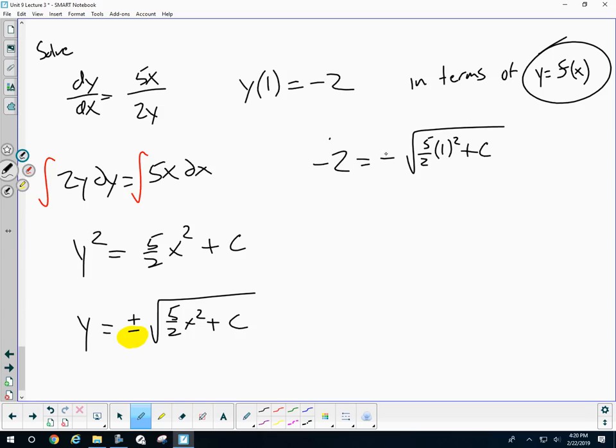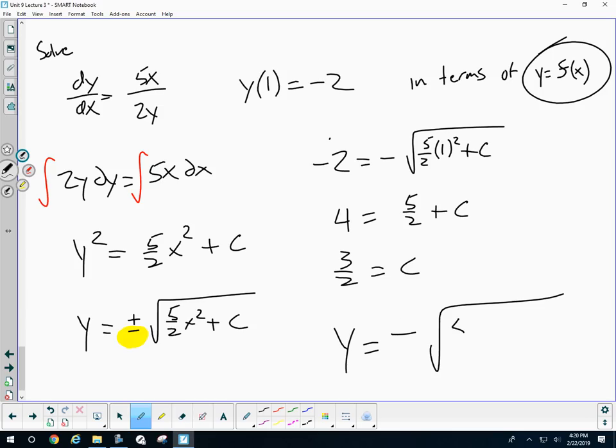We'll need to take the opposite of it. I'll square both sides. I get 4 is equal to 5 halves plus c. This is 8 halves minus 5 halves is 3 halves. And I'll have my function negative root 5 halves x squared plus 3 halves. Okay, this would be the particular solution we are looking for.